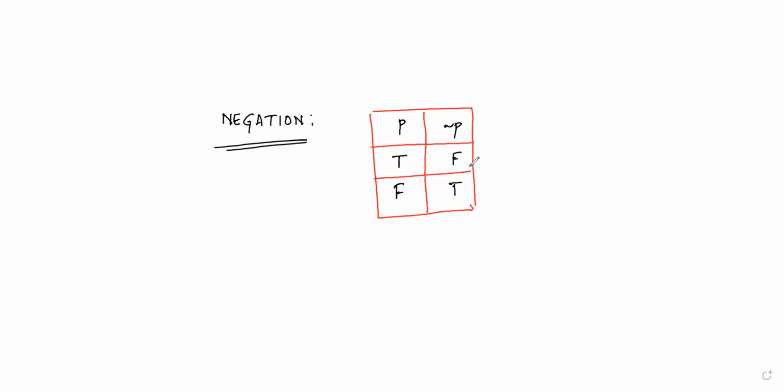Yes, sir. Next, there is something called disjunction, sir. Disjunction is nothing but two simple statements connected with or. Or is represented like this, sir, like V. Now let us say there are two statements p and q. I want to find p or q.